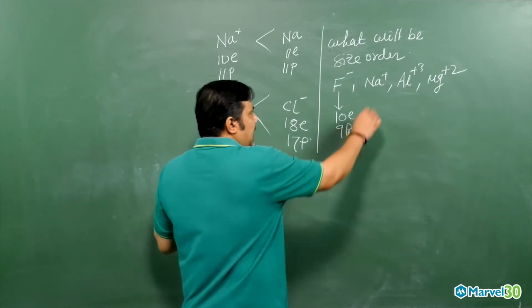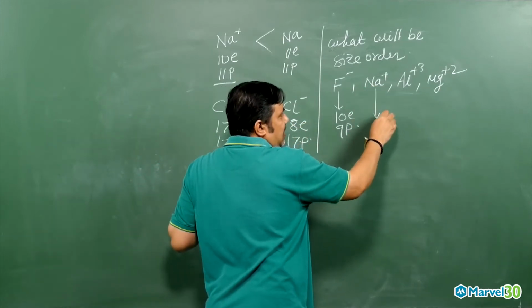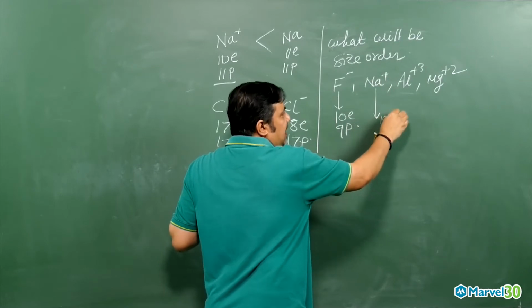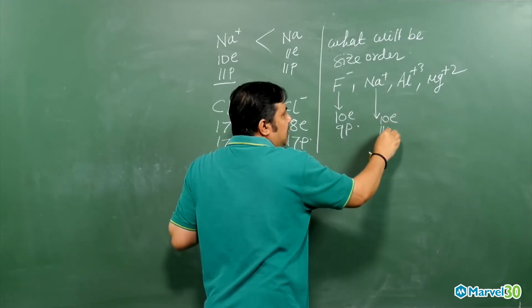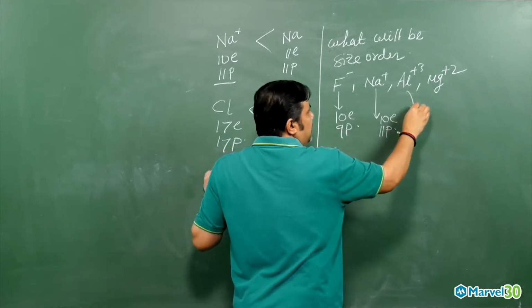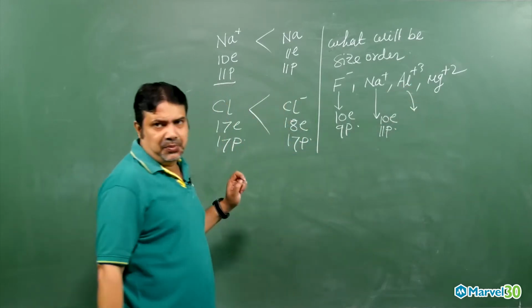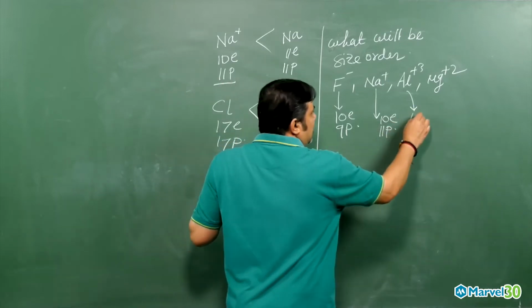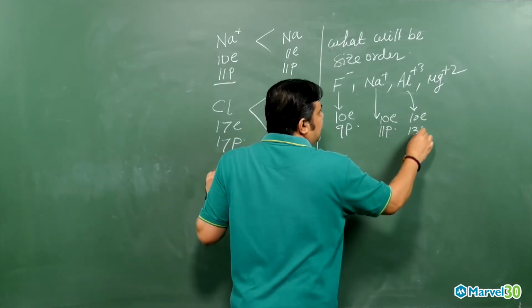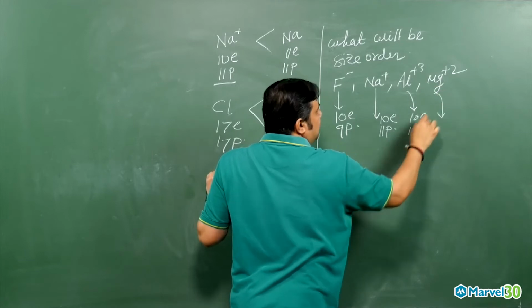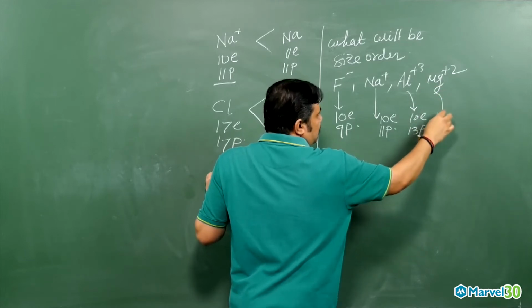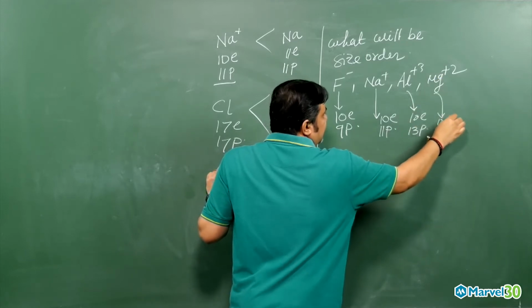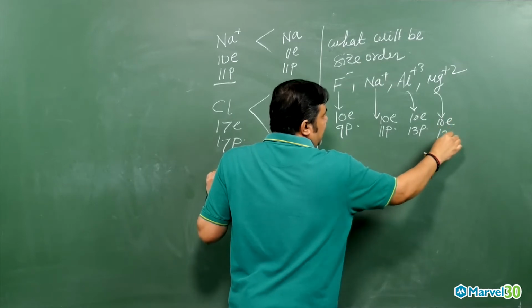Now Na plus means one electron less, so 10 electrons are attracted by 11 protons. Aluminum has atomic number 13, and plus 3 means 3 electrons fewer, so 10 electrons are attracted by 13 protons. Magnesium has atomic number 12, so 2 electrons fewer, and 10 electrons are attracted by 12 protons.